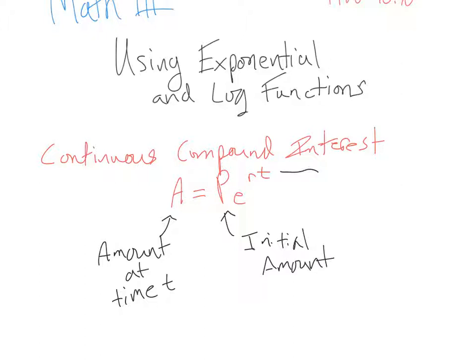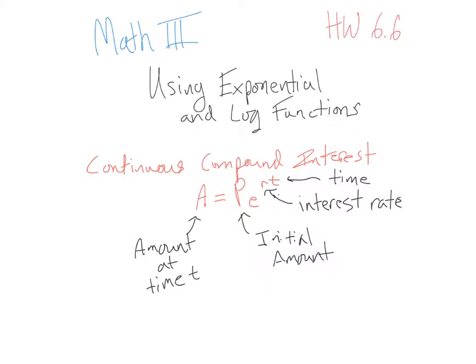T is your time that you're investigating, and r is your interest rate. Okay, so this is for working with money, finding out how much money you can make in a certain amount of time with a given interest, with that interest being compounded continuously.